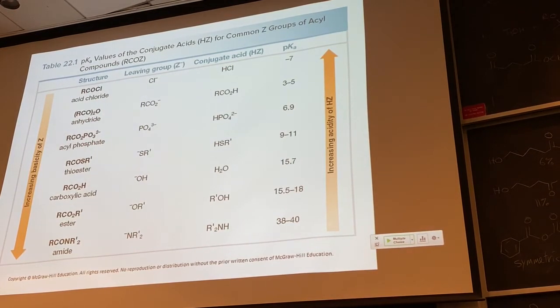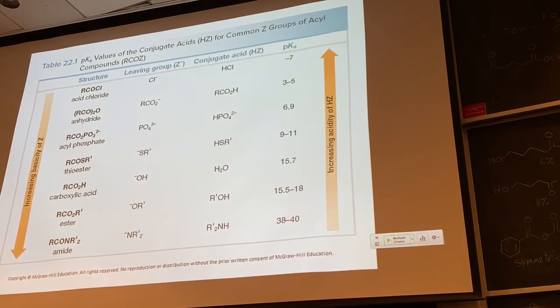Those are going to be too reactive in biochemical reactions. Conversely, esters are going to be too stable for nucleophilic acyl substitution in the body. But the thioesters and the acyl phosphates have the right balance between stability and reactivity to be useful in nucleophilic acyl substitution in nature. Okay?